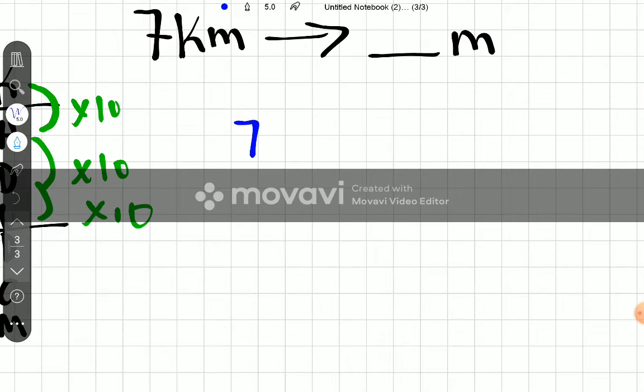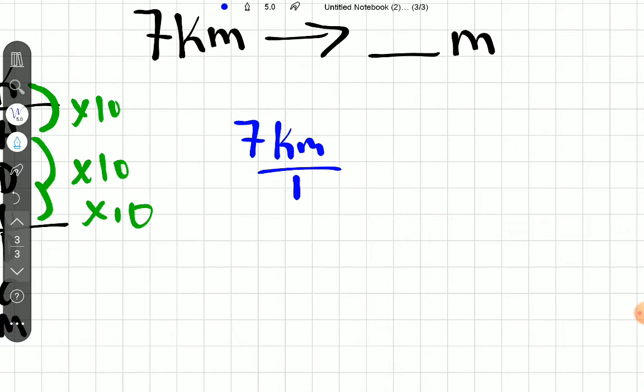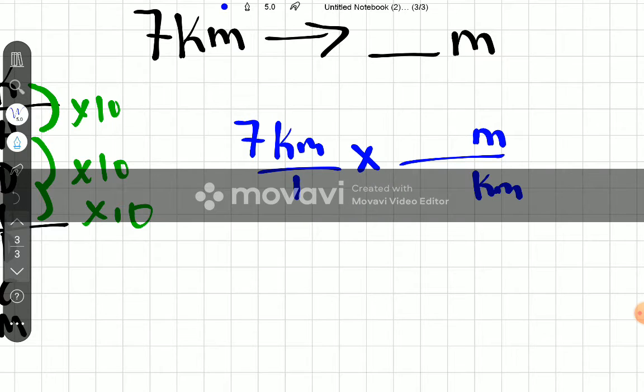So 7 kilometers, again, we don't have a unit on the bottom, so we're going to write 1. And we're going to multiply. So we want to get rid of kilometers. So we're going to write kilometers, and we want to make it meters. And the larger unit is kilometers here, so 1 kilometer. And then we just said that 1 kilometer has 1,000 meters.